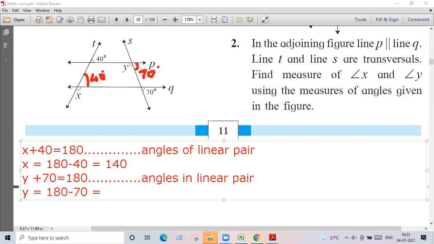How much is it? 110. Right, so y is equal to 110 and x is 140. Okay, good.